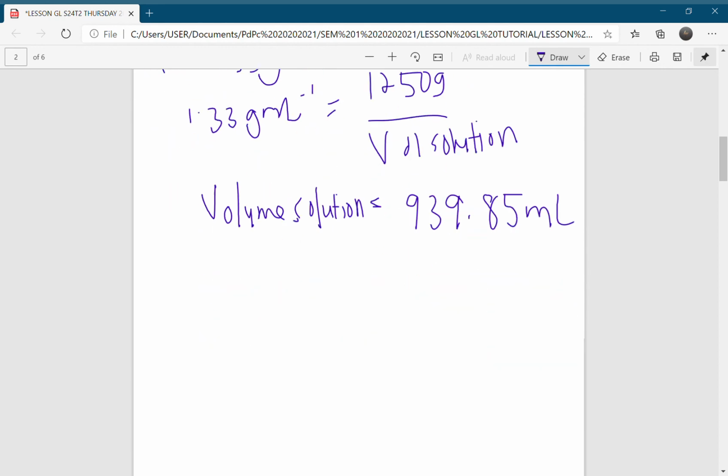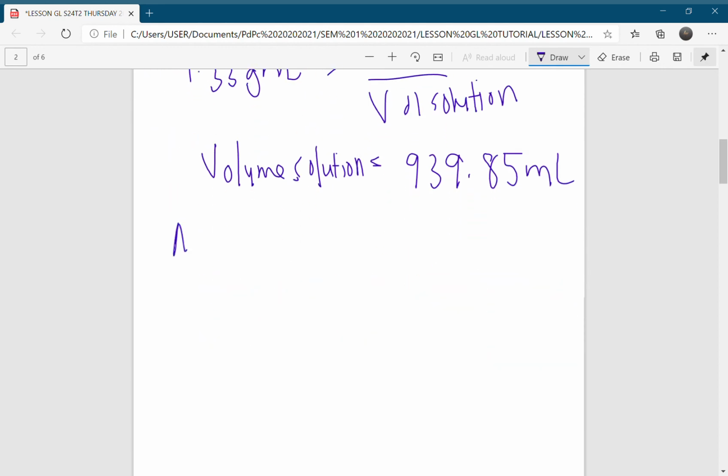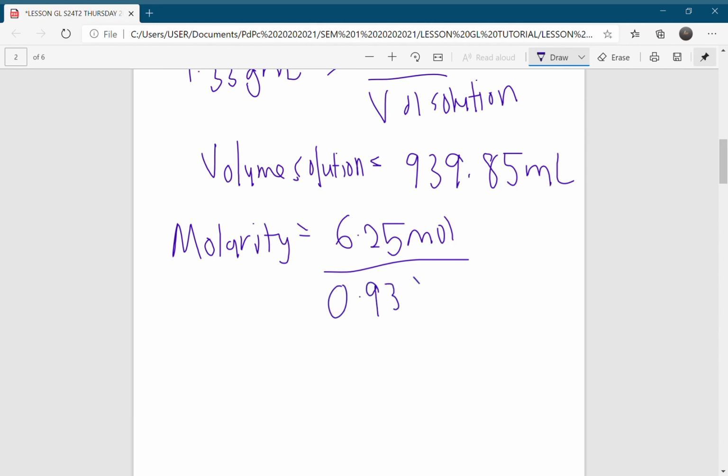Next step, you need to substitute into the formula of molarity. Our mole is 6.25 mole over volume in liter, so we divide by 0.9399 liter. So we can come out with the value of molarity, 6.65 mole per liter. So we already found the first answer.